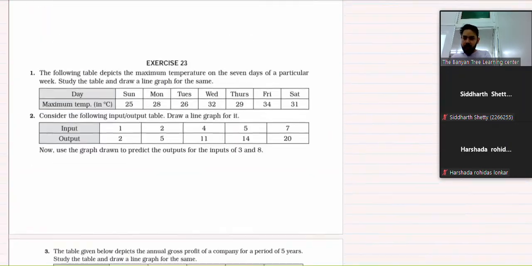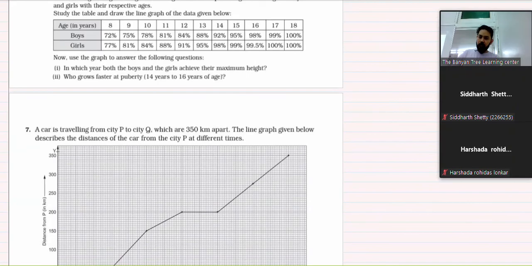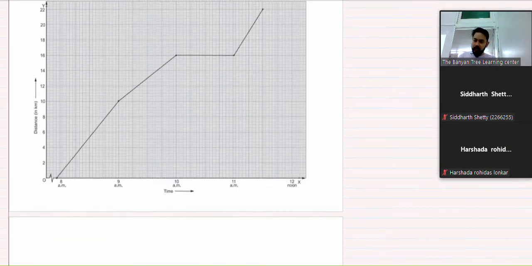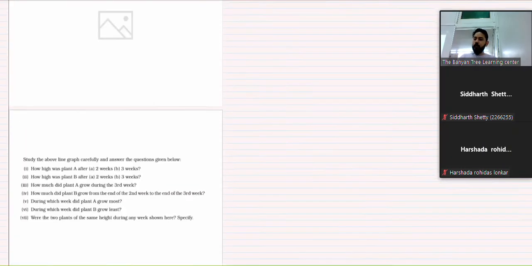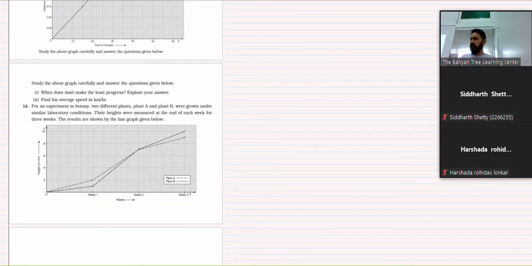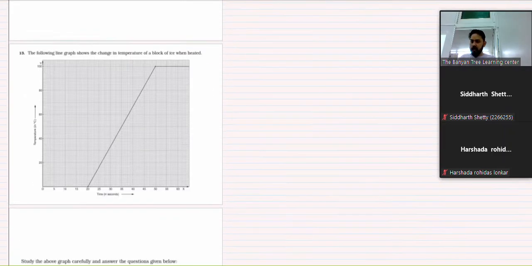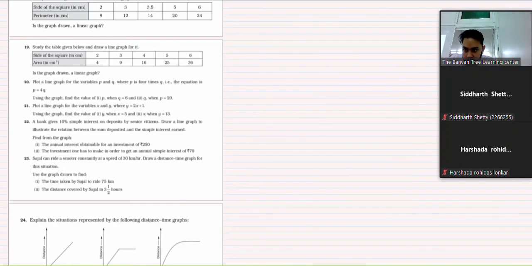Okay. So see, there is a lot of work after question number 5. You have double graphs, reading the graphs. There is a lot of practice, so I'm not giving everything as homework. You can do the selected ones. Let me give you an idea.